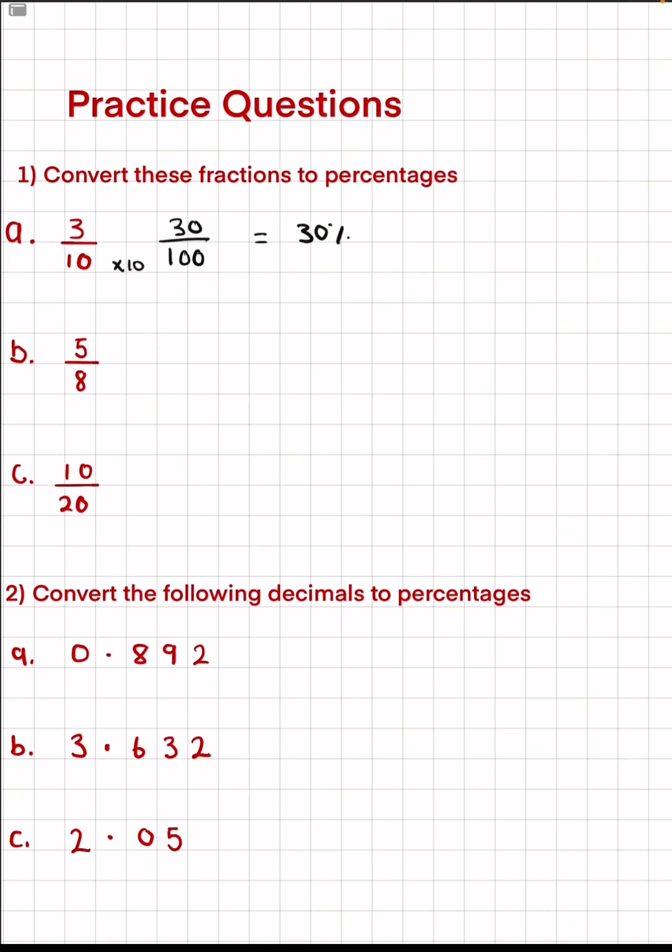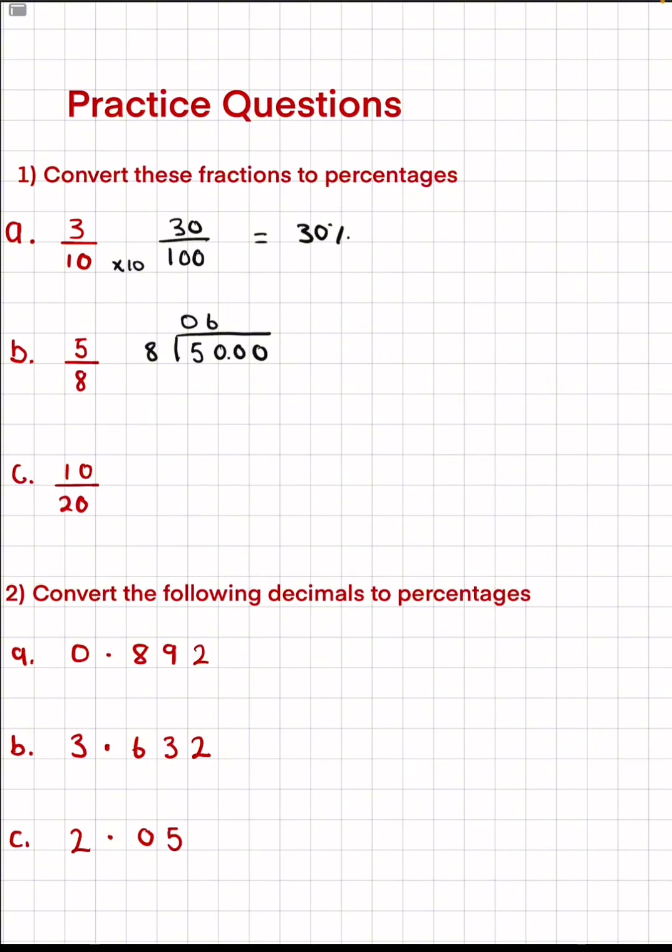To convert this fraction to a percentage, we divide the top number by the bottom number. To make the calculation easier, we can make the top number 1,000 times bigger. So the calculation will be 5,000 divided by 8. 8 into 5 doesn't go. 8 into 50 goes 6 times. 6 times 8 is 48.